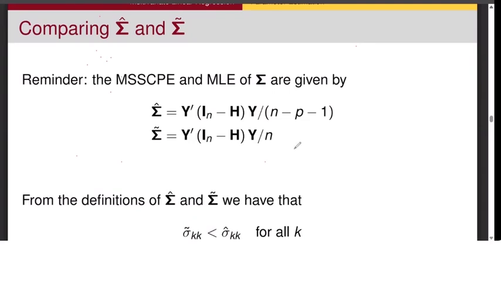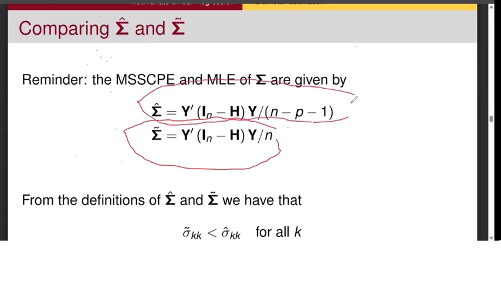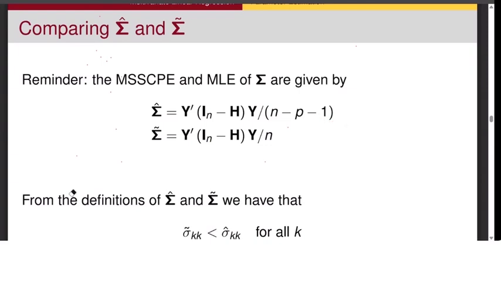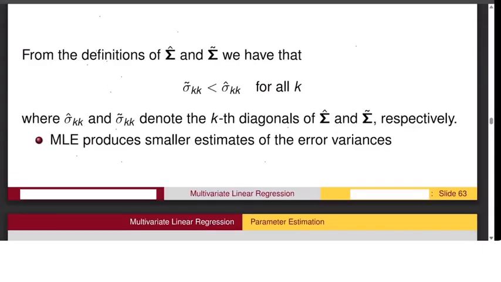The one divided by n is the maximum likelihood variance. The one divided by n minus p minus 1 is going to be the estimated error variance. And of course, just like what we did the other time, we expect the one from the maximum likelihood to be smaller.